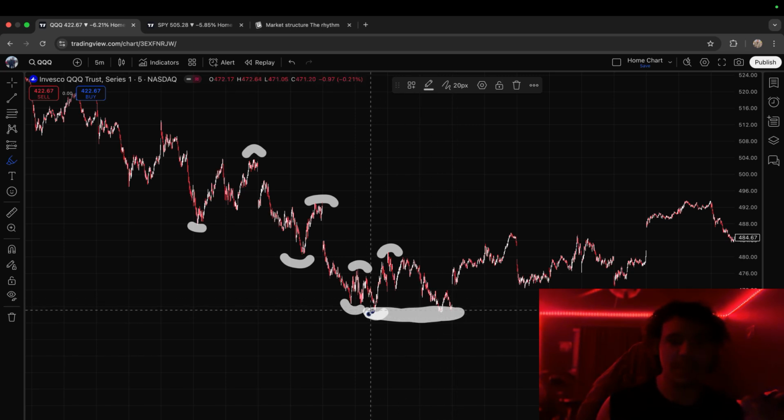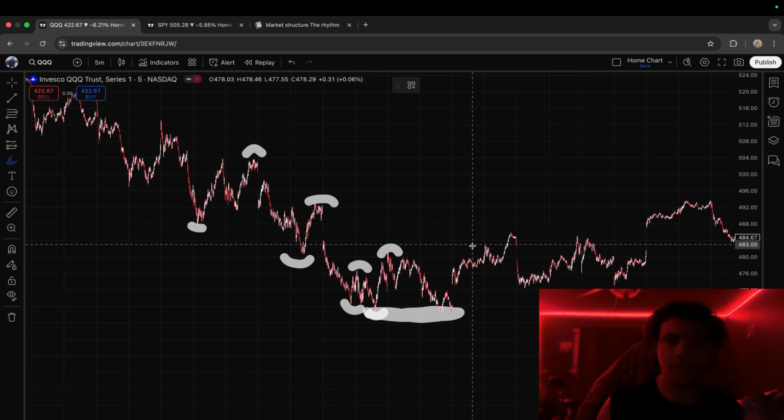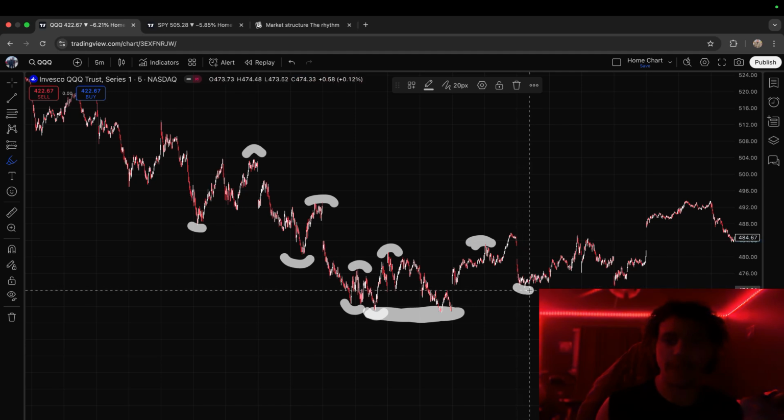So we hit that last lower low, not breaking it. Then ultimately, what did we do? We created another higher high, right? Before creating higher lows and higher highs. So ultimately reversing trend, right?